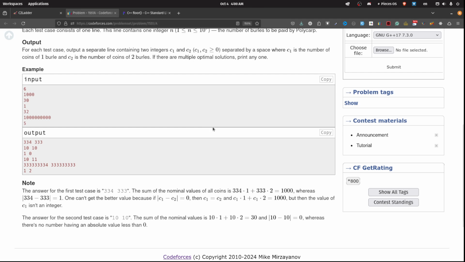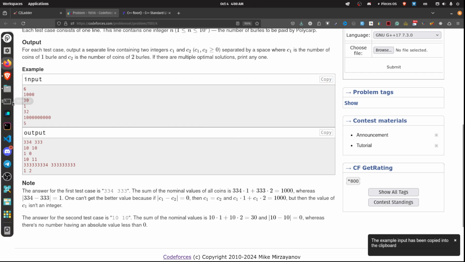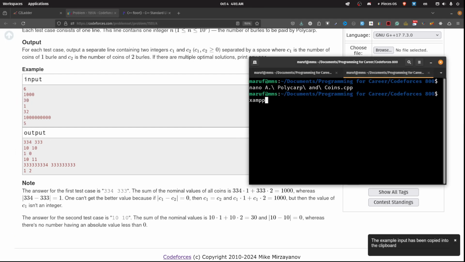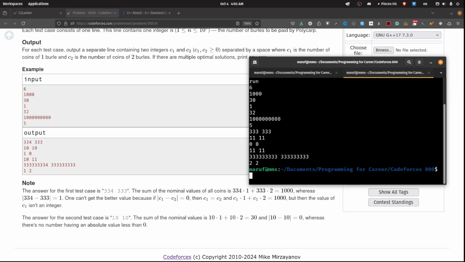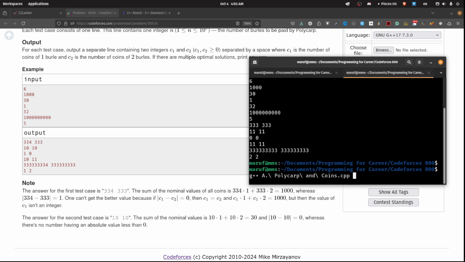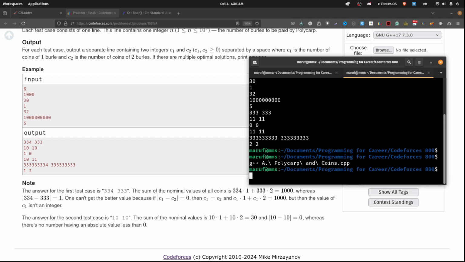Now if I copy and run the test case, g++ a, run. Okay, now I get, oh shit, again the same answer. So where did I do the wrong thing?